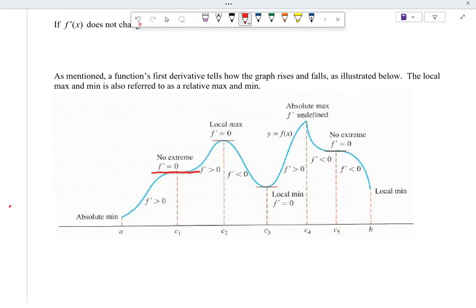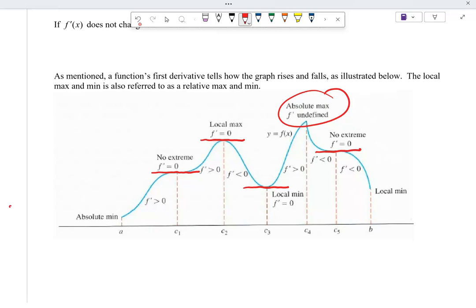C1 is a critical point, C2, C3, C4, and C5 are critical points, because the derivative is 0 or undefined at all those spots, and the original function is defined there. And so you're going to have potentially local maxes or local mins.